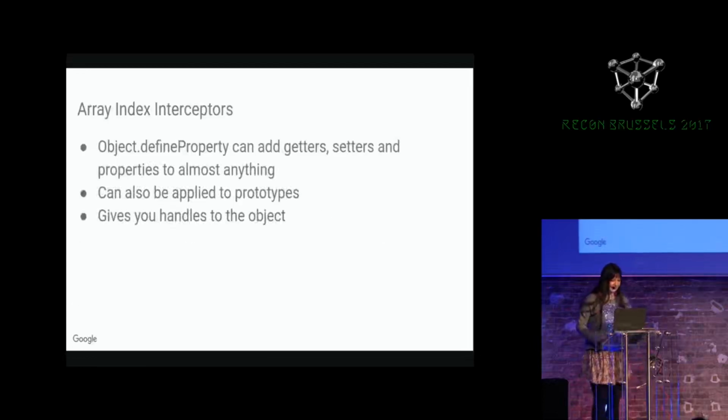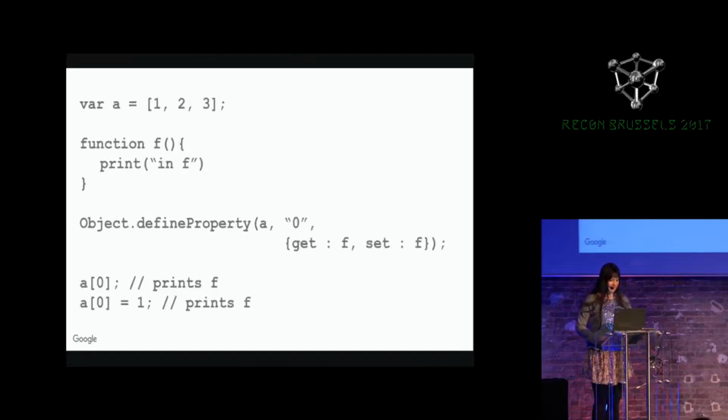Another property of JavaScript I read about, this is absolutely wild, is that you can put interceptors, getters and setters on the index of an array, and this has all sorts of interesting impacts. Here's how it works.